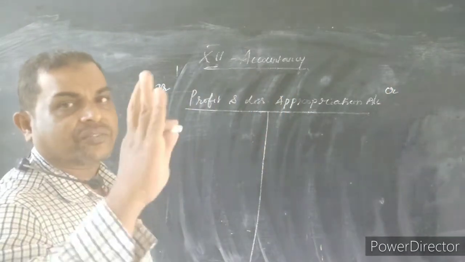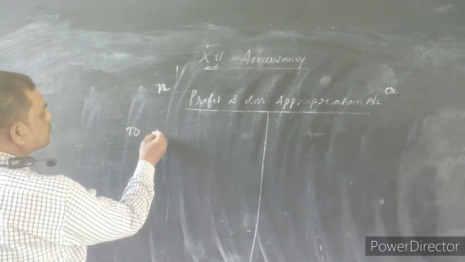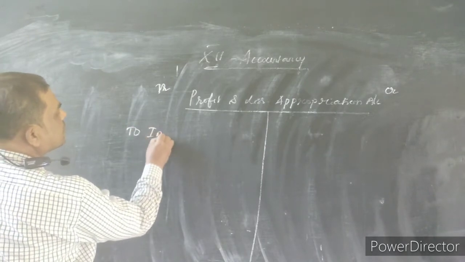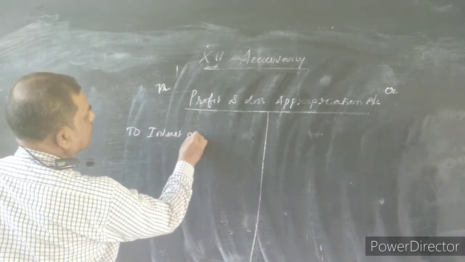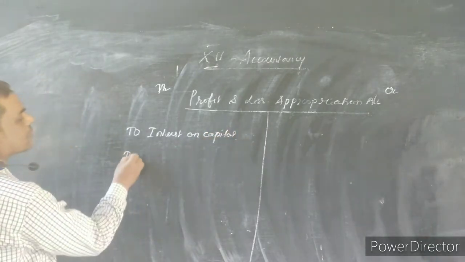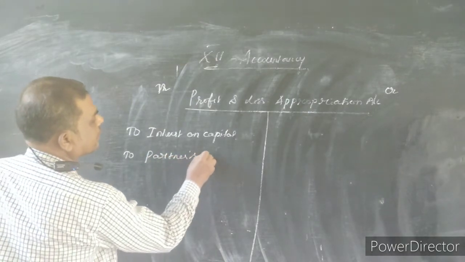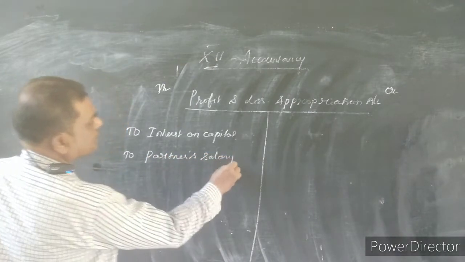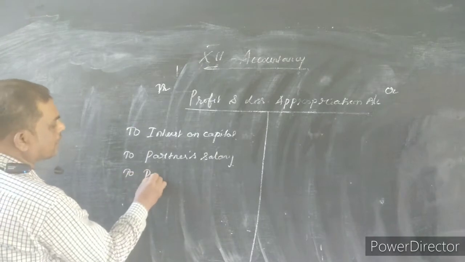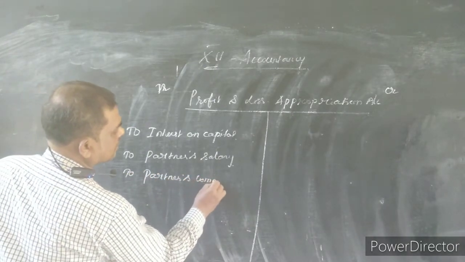Debit side consists of three details. One is to interest on capital. The second one is to partner's salary and to partner's commission.